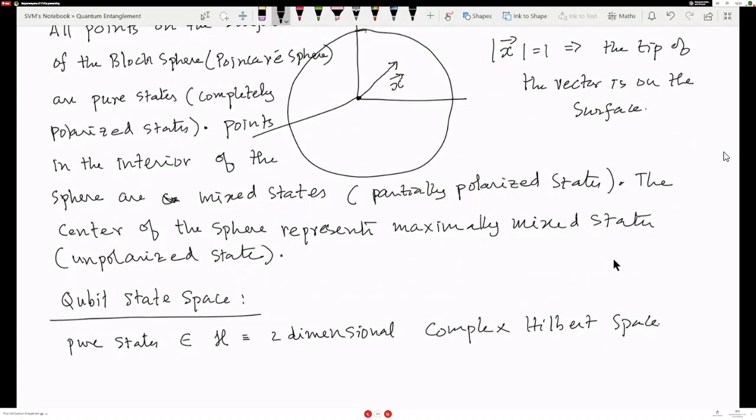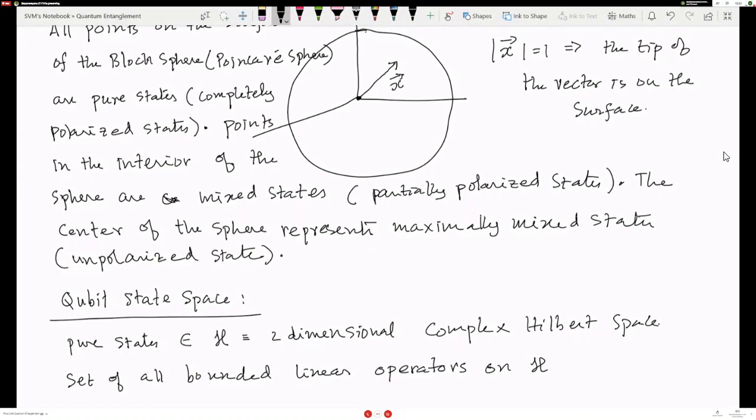But if you include mixed states, now you can define the set of all bounded linear operators on H. Okay, so this is what you will have as the state space.